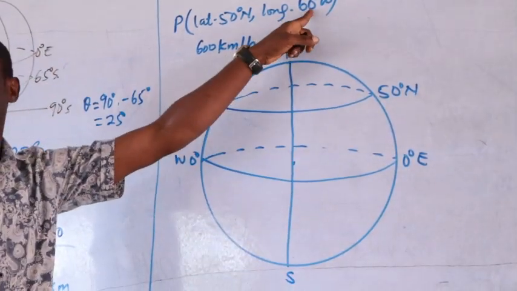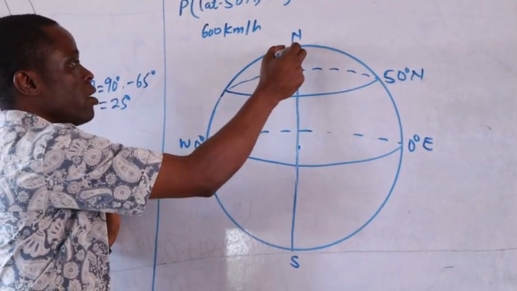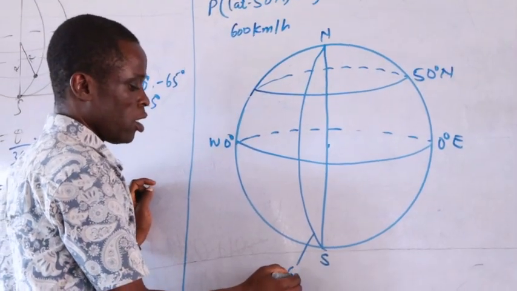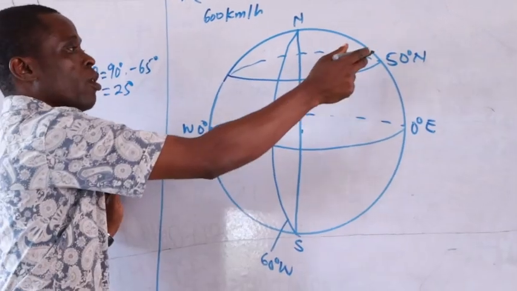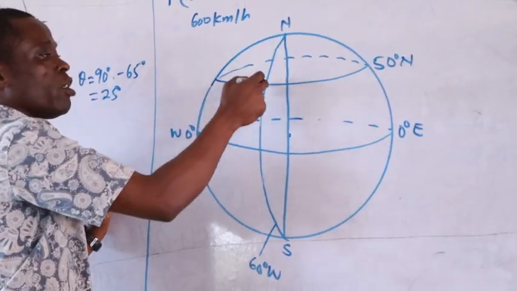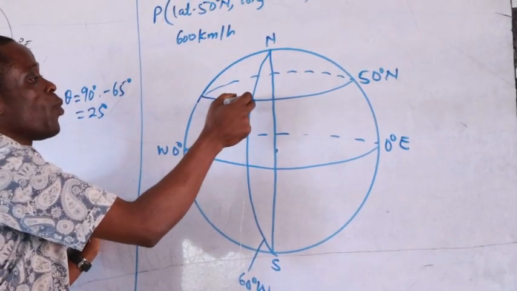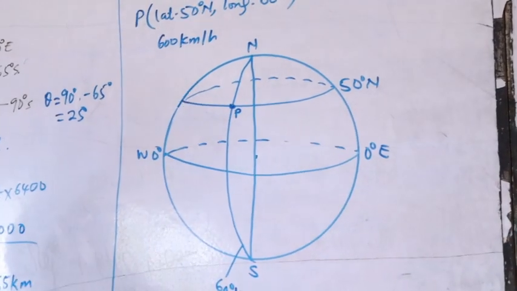Then long 60 degrees west. This is west, we have 60 degrees west. Now there is a point of intersection: the latitude and the longitude lines meet here, and this point is called P.